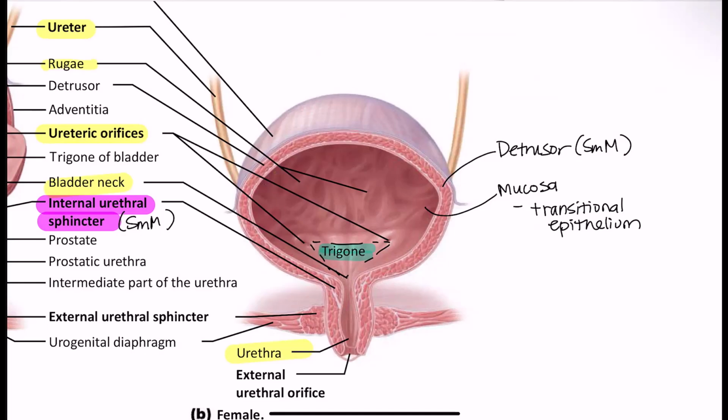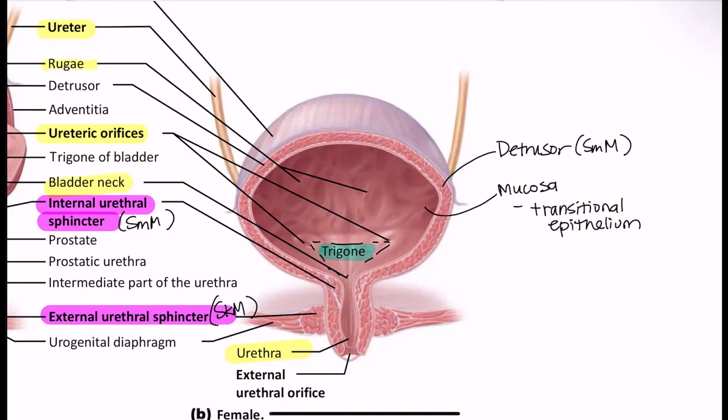And then we also have the external urethral sphincter. The external urethral sphincter is skeletal muscle, which means that we have involuntary control over the internal urethral sphincter because it's smooth muscle. And skeletal muscle means that our external urethral sphincter is voluntarily controlled.